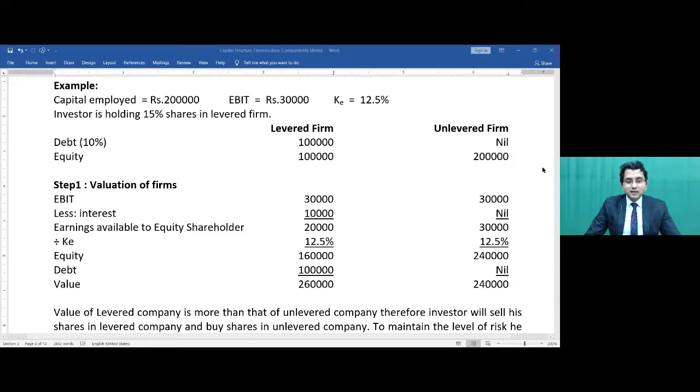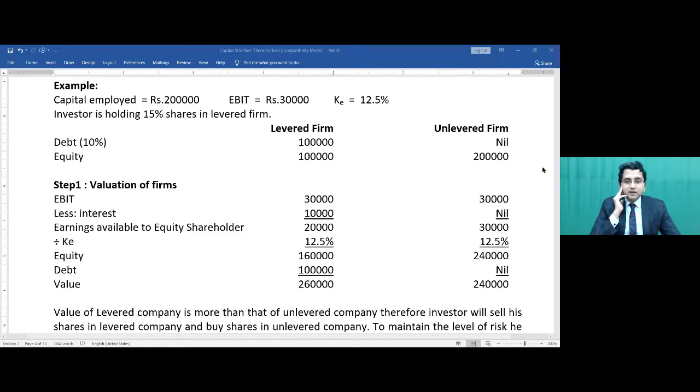Doesn't it look like the net income approach, which says that if you have debt in your capital structure, then the value will be higher. So debt, that is capital structure, is actually affecting your value. Step number 1 is similar to the NI approach.